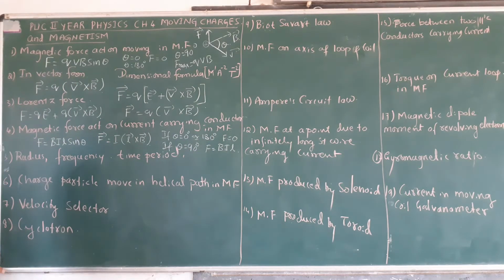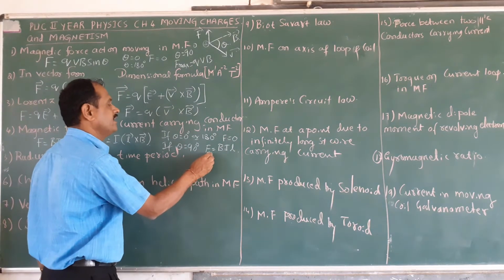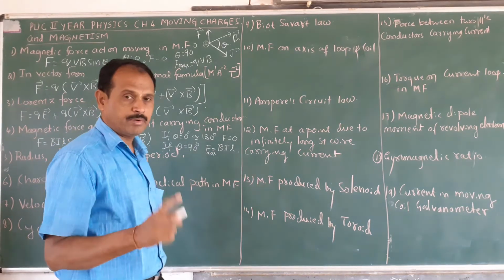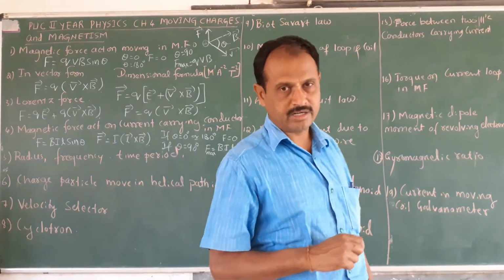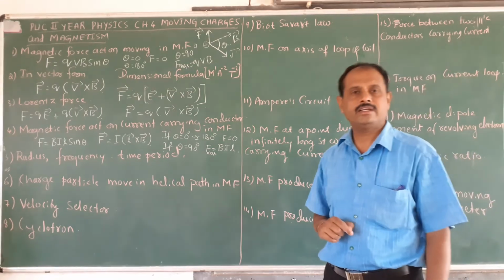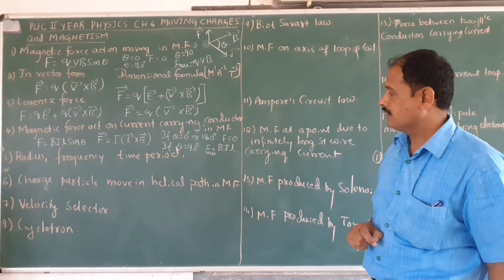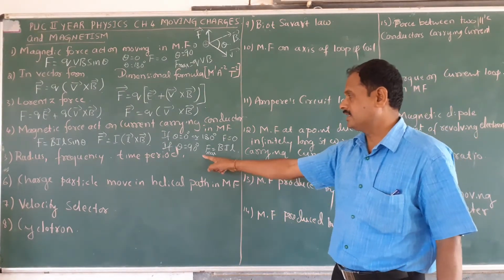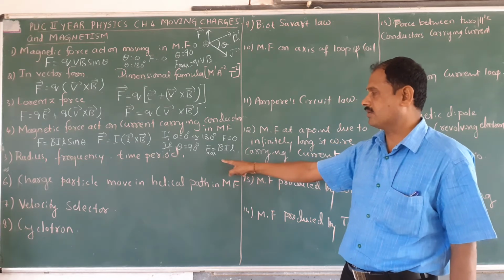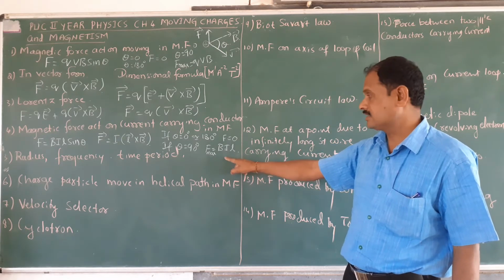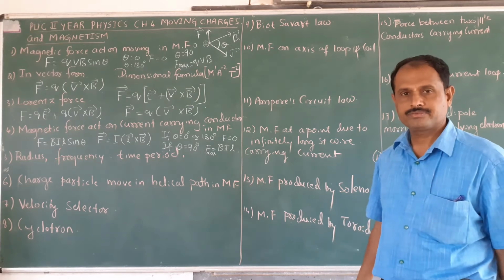The maximum force acts on the current carrying conductor when it is placed perpendicular to the direction of the magnetic field, that is BIL.